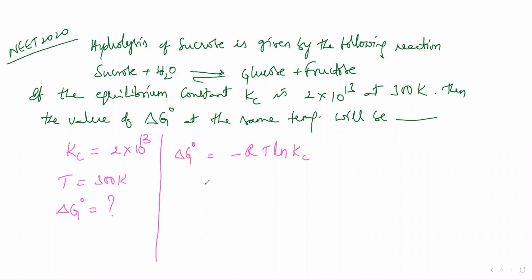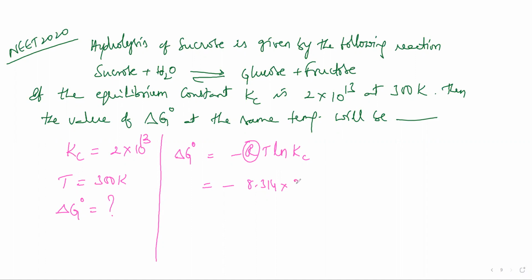Then what is the R value? The R value I gave you in joules: 8.314 joules per Kelvin per mole.